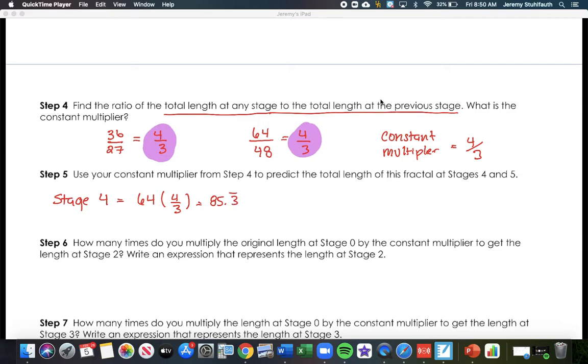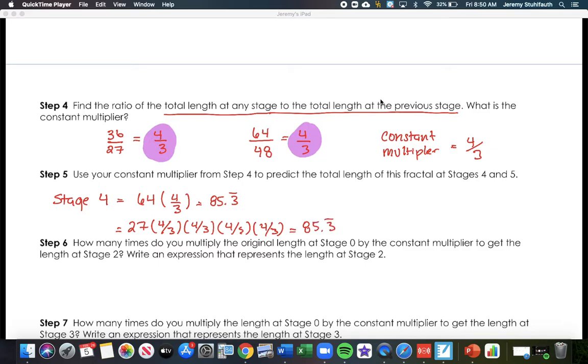Okay, and again, how else could we write this? We could have also said that stage 4 was equal to the initial amount, 27, multiplied by 4/3 times 4/3 times 4/3 times 4/3, and that would give us the same thing, 85.33 repeating.